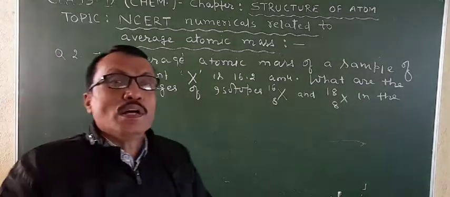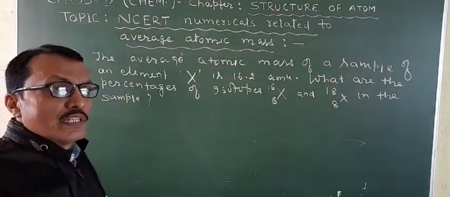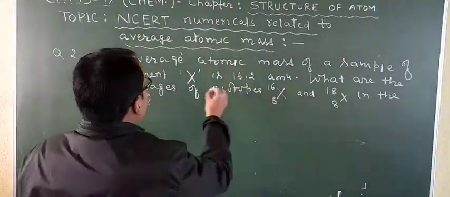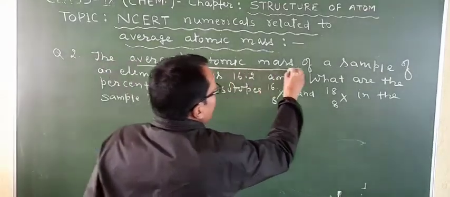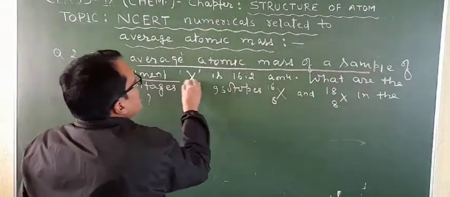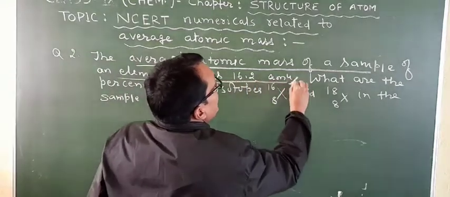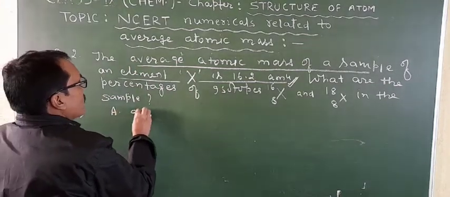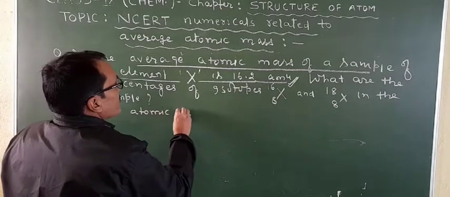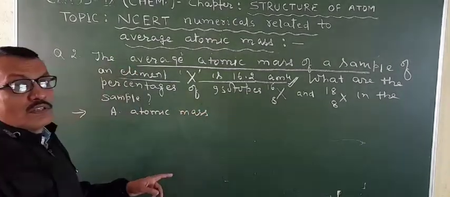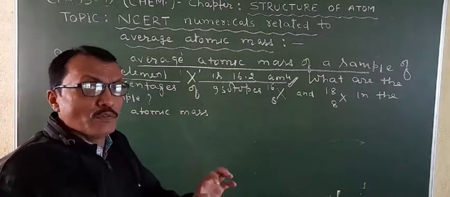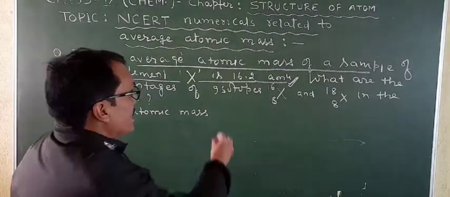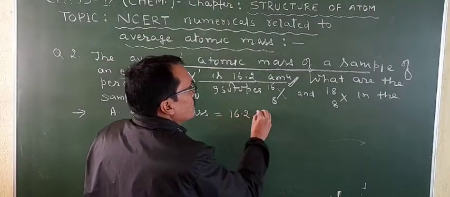Students, what you are looking at here in this question, you do not have to find the average atomic mass. Here the average atomic mass has been given, 16.2 u.